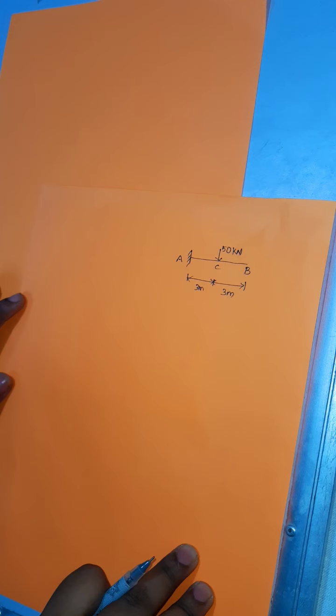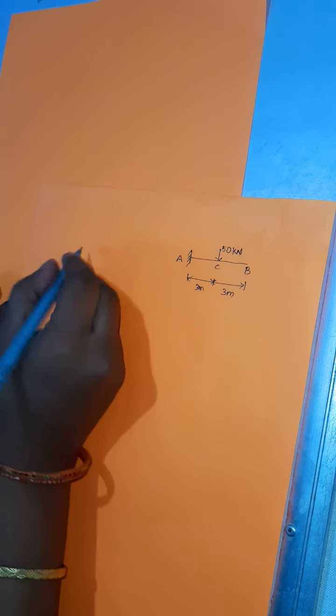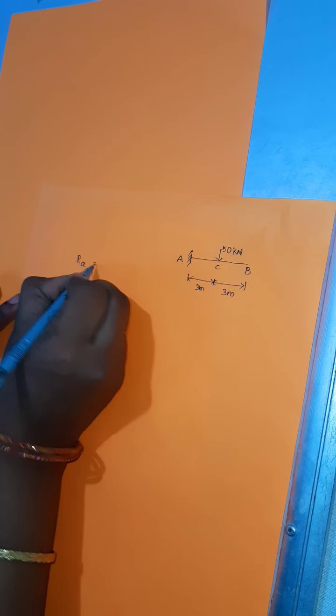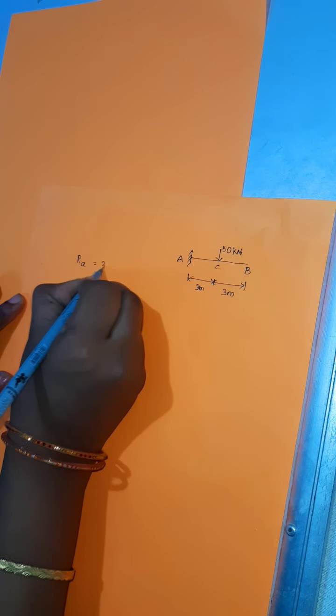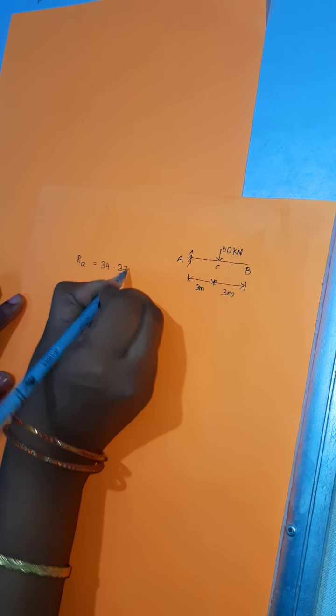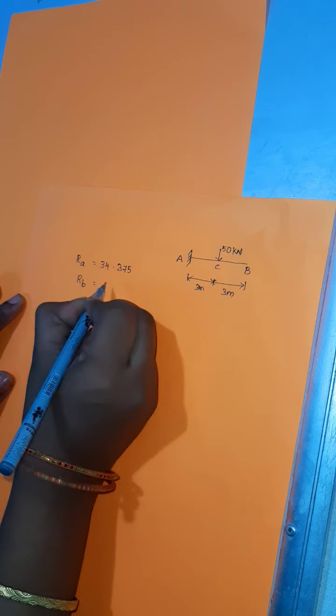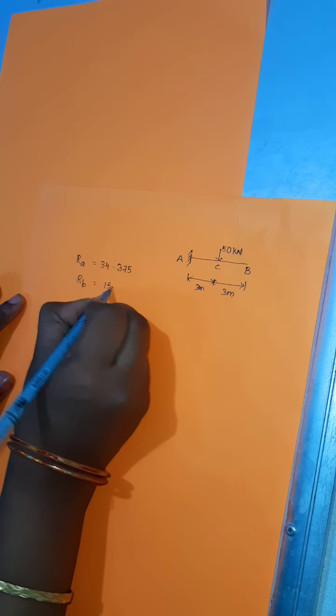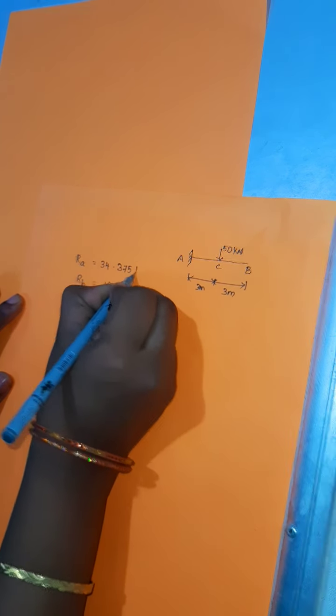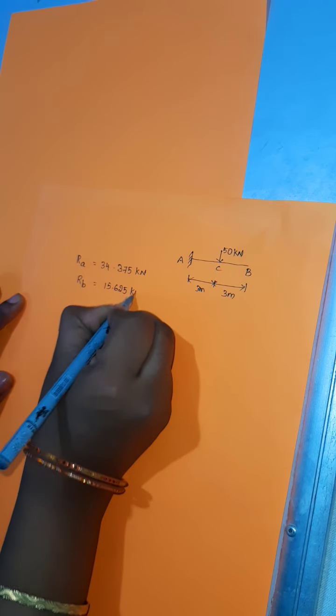For the same problem, in lecture 2 I have calculated reactions. These are the reactions. RA is equal to 34.375 and RB is equal to 15.625 kilonewtons. These are the reactions I had got.